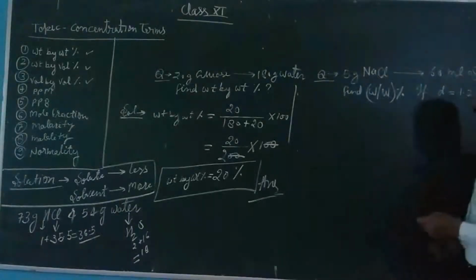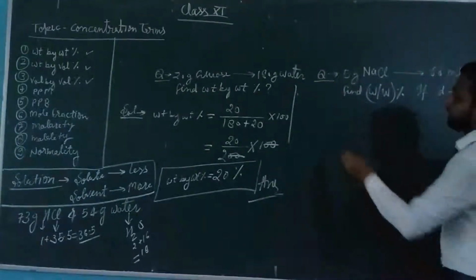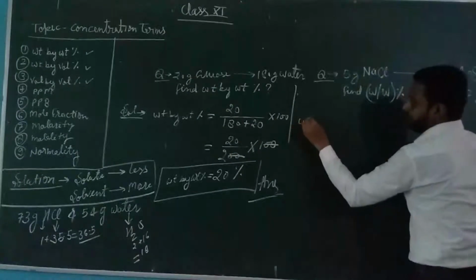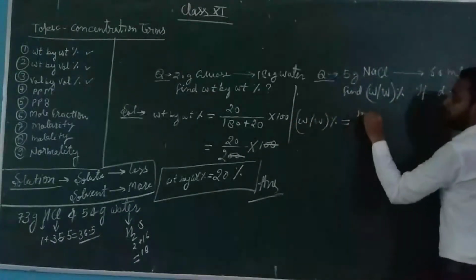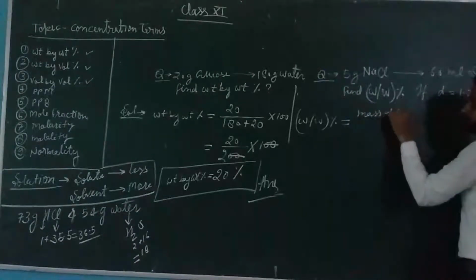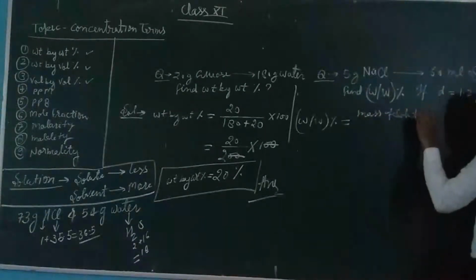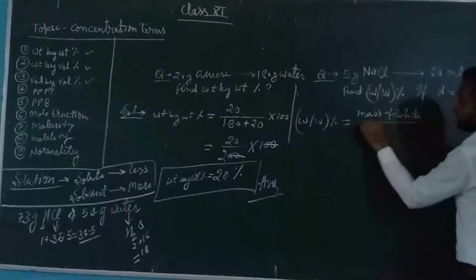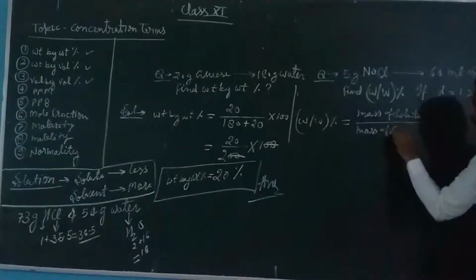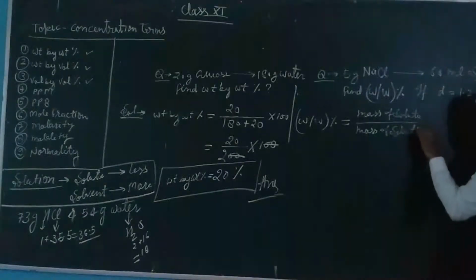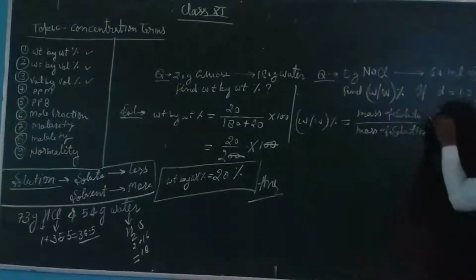We can find out the weight by weight percent by the formula: weight by weight percent equals mass of solute upon mass of solution into 100.